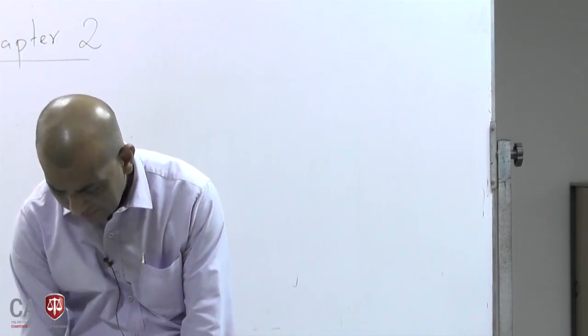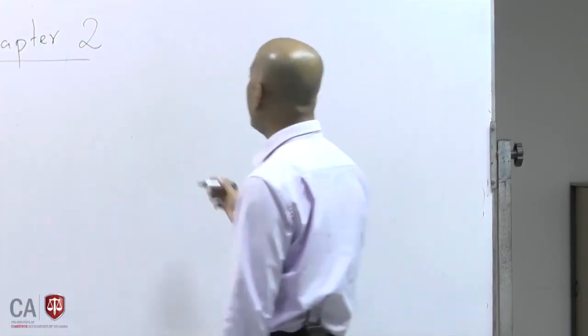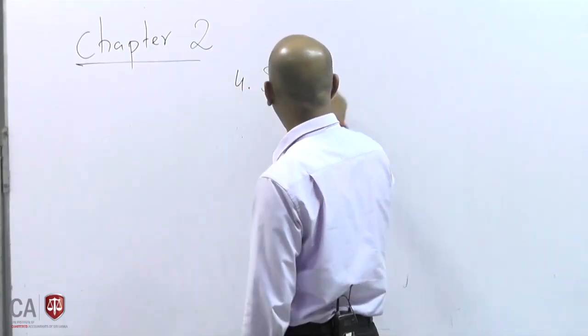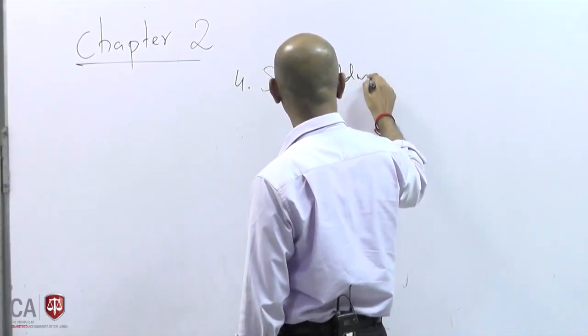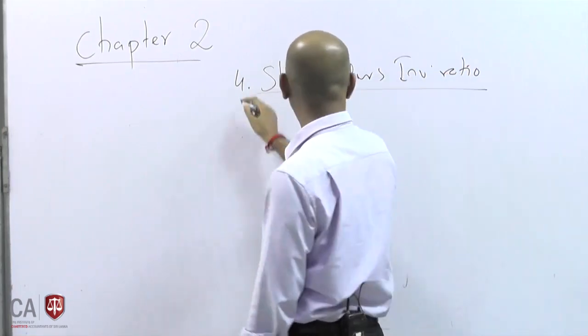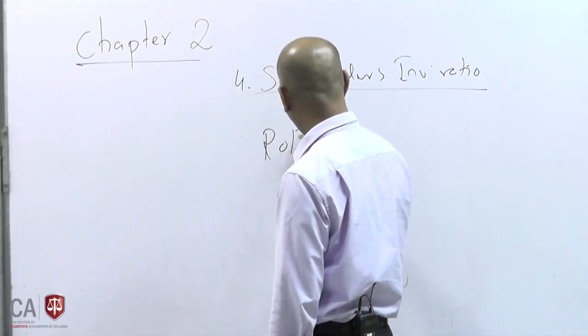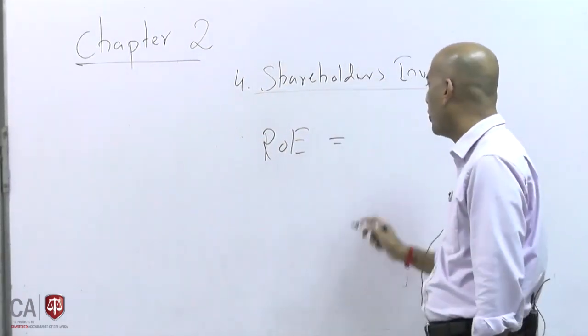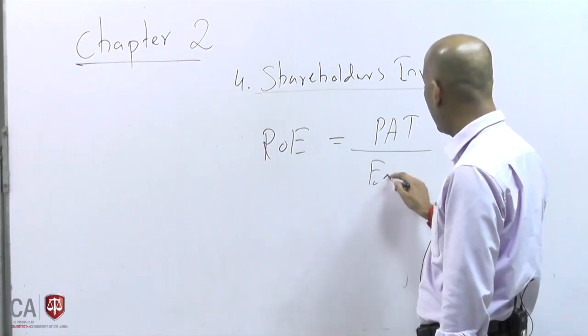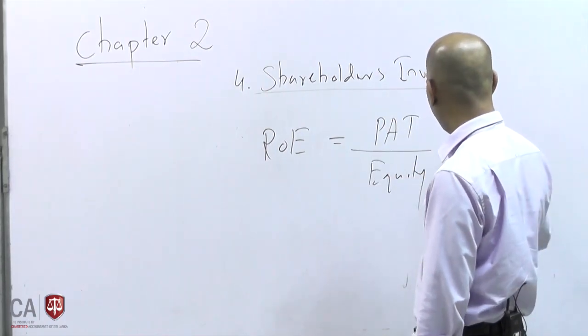The last one, I think I touched upon it already, that's your shareholder investment ratios, the fourth one. That is mainly the return on equity. From the shareholder point of view, he wants to know profit after tax divided by equity into 100.